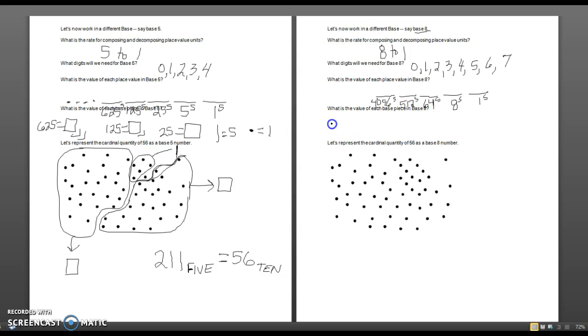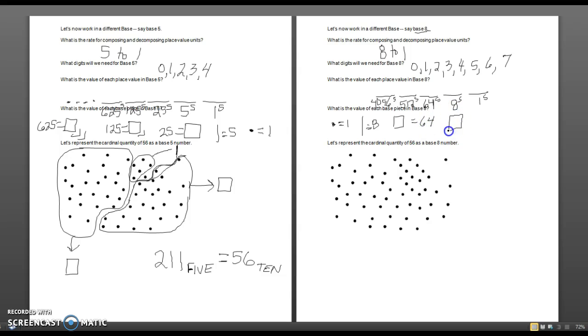Right? So my base pieces, my babies, are always 1s. I always have to have a way to record 1s. When I'm in base 8, though, a long is made up of 8 1s. So these are my 8s. My flats are made up of 8 longs, so they are 64.